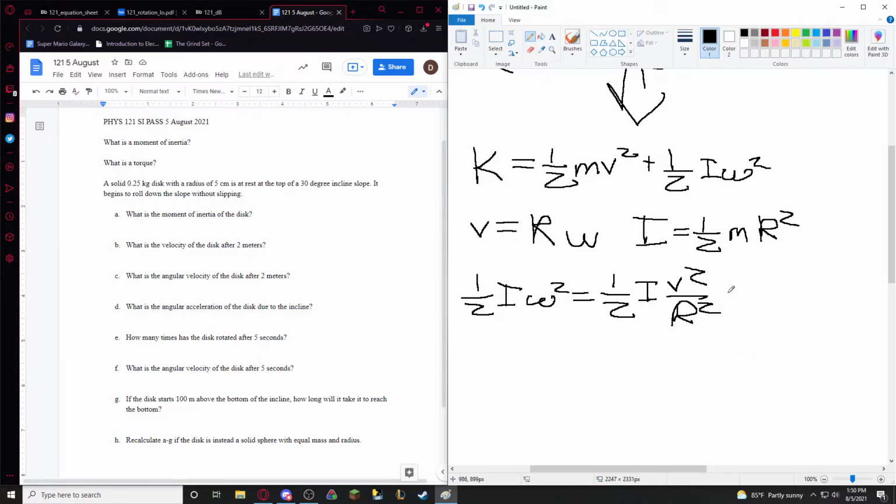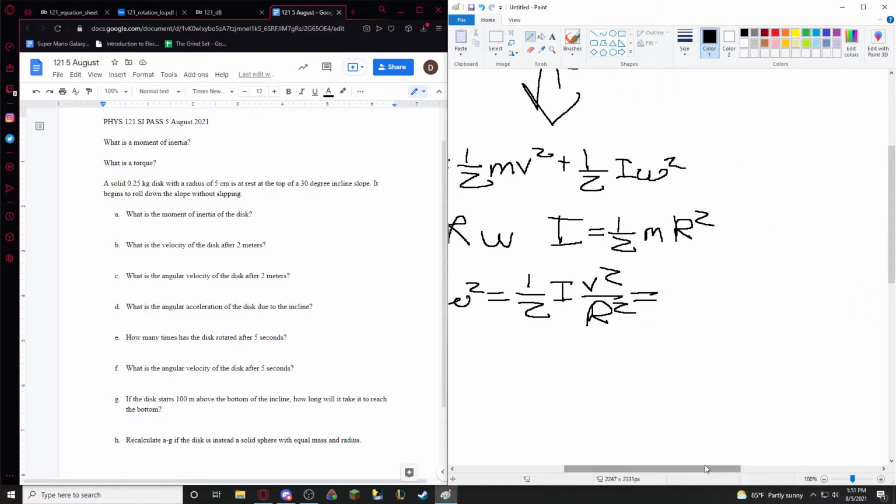And then we could replace the inertia, which would cancel out the radius squared, so it would just be 1/2 mass times velocity squared.